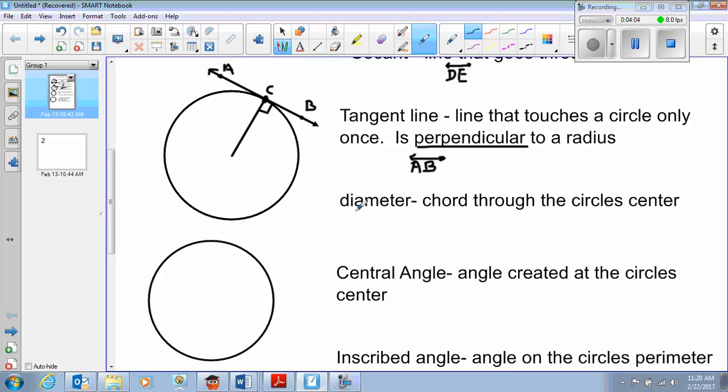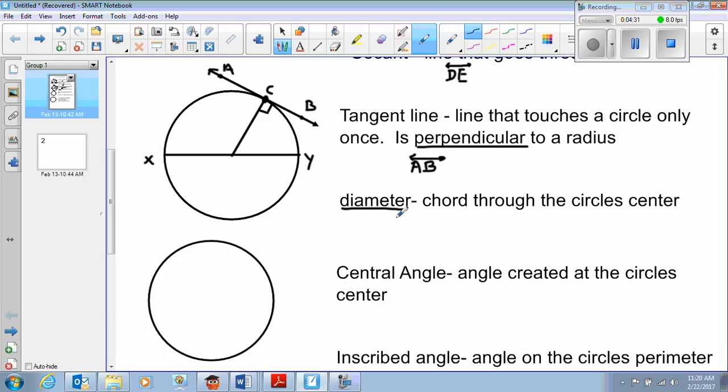If we look at another type of line segment in a circle, the diameter is really a chord, but it's a special type of chord that passes right through the center of the circle. We give it a special name because it goes through the center, and a lot of things in geometry are based on the diameter, or the radius, which would be half the diameter.